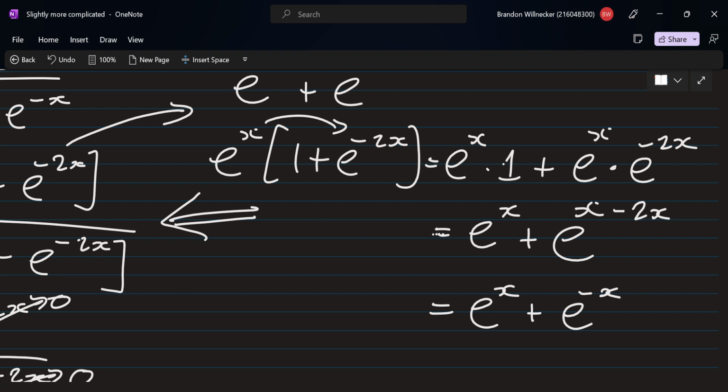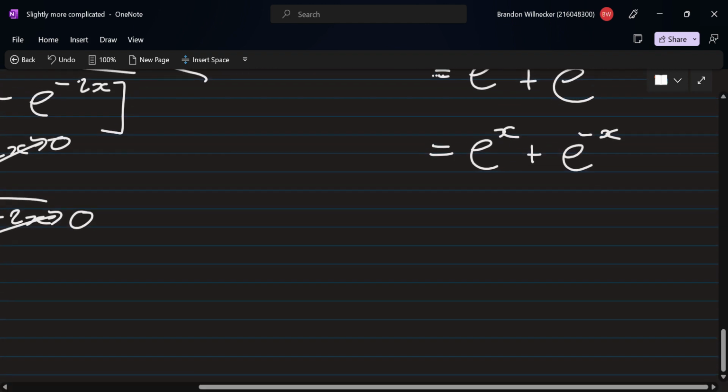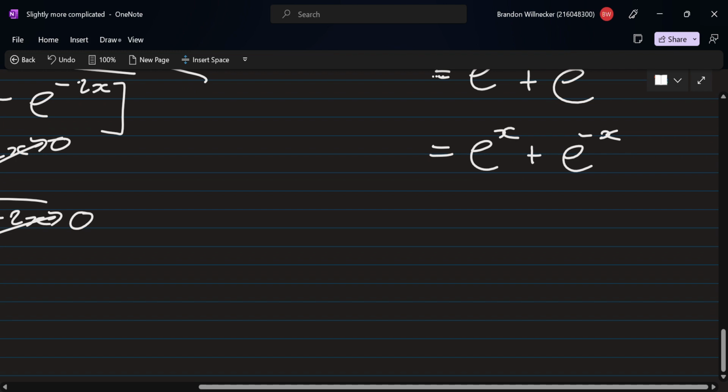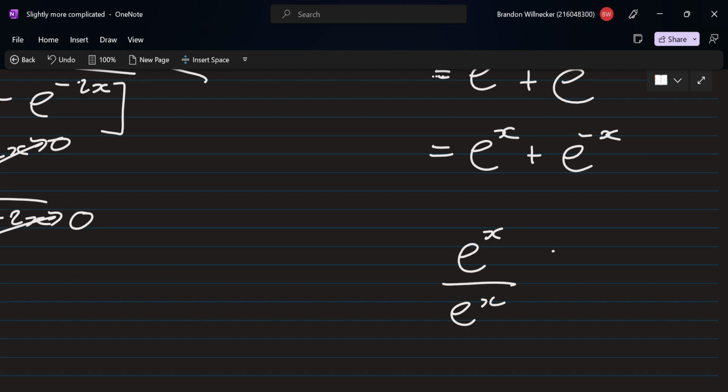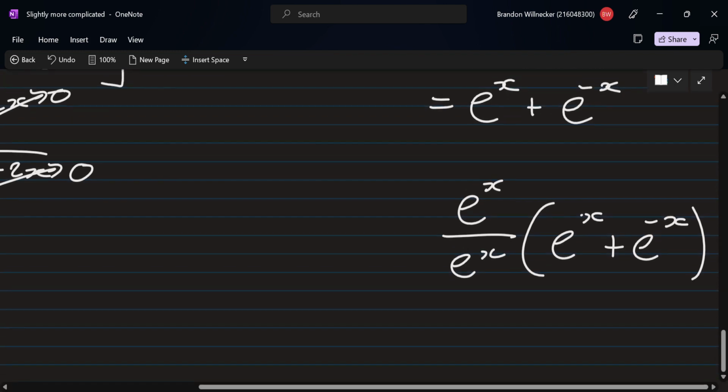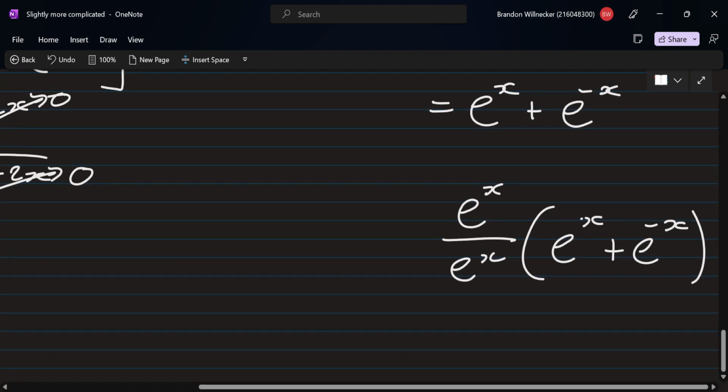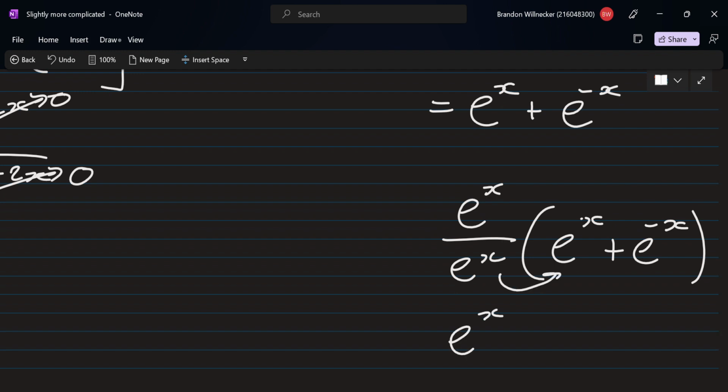Okay, so what we did here, when we took out the e to the x, that's the same thing as dividing by e to the x and then multiplying by e to the x. So if you want to look at it like this, we had the e to the x and the e to the minus x. Here we're just multiplying by 1. That's not doing anything. But if we take this bottom part here, this will be e to the x.